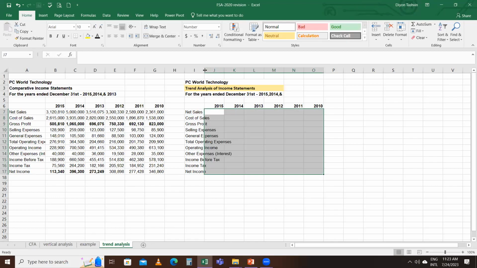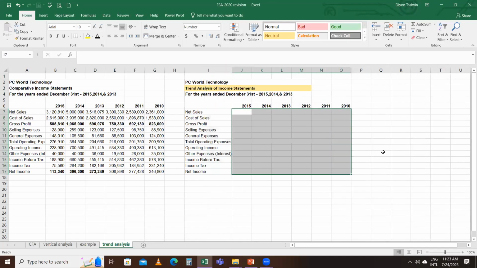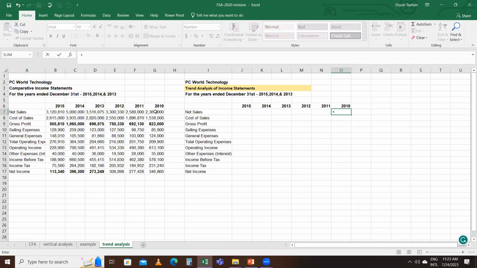Here we have to use the earliest time period, which is 2010. So compared to 2010, we have to identify the difference. Therefore, the 2010 figure should be divided by the 2010 figure itself. Then I'm going to fix the cells so I can drag it down.